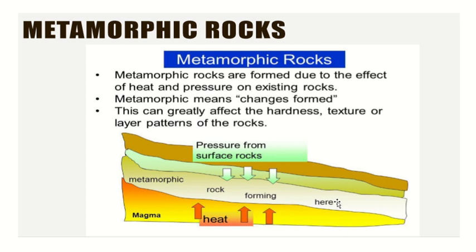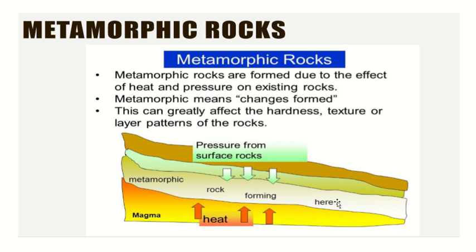Finally, there is the metamorphic rock. The igneous rocks are primary rocks and the sedimentary rocks are secondary rocks. Metamorphic rock, due to the effect of heat and pressure, creates changes in already existing rock. It can change sedimentary rock to metamorphic rock or igneous rock to metamorphic rock. It affects their hardness, texture, and pattern.